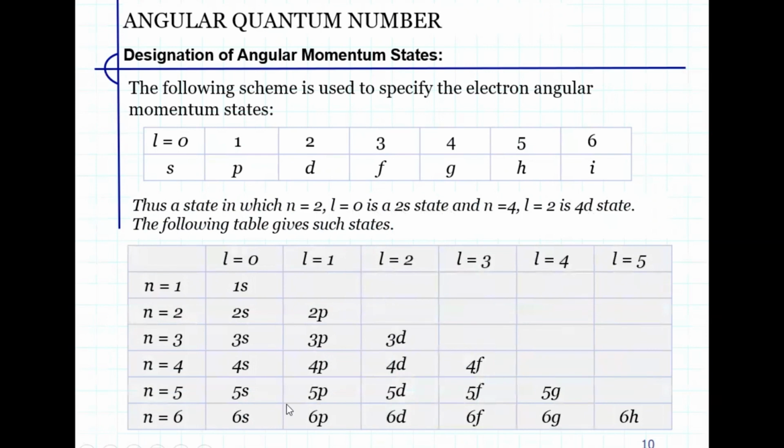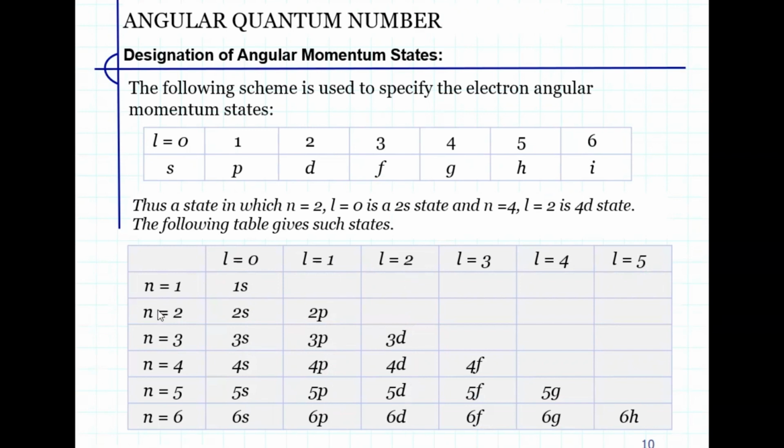So this kind of a table is available. Here n is equal to 1 can have 1S. For n is equal to 2, 2S and 2P are possible. S means l is equal to 0. P means l is equal to 1. l is equal to 0 states are all S. l is equal to 1 states are all P states. l is equal to 2 states are all D states.